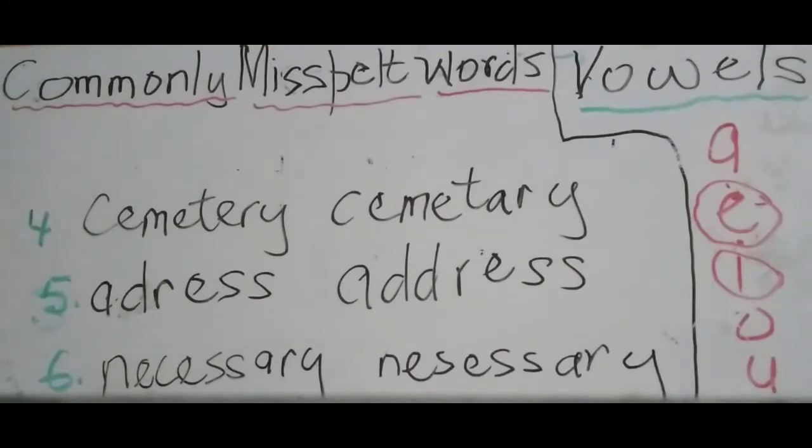But this is cemetery, the place where dead people are buried. So the correct spelling for cemetery is C-E-M-E-T-E-R-Y. If that is what you had, then that is the correct spelling. So let me highlight it.